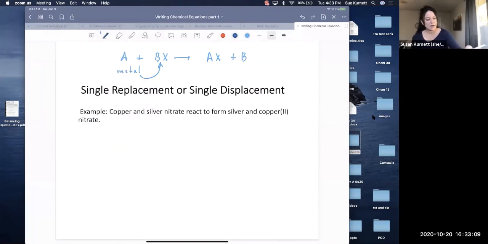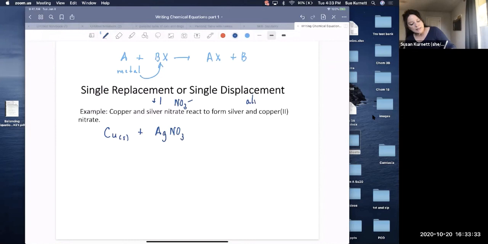Okay, so copper means elemental copper, copper the solid. And elements have an equal number of electrons and protons, and so there's no charge. Silver nitrate, silver as an ion is +1, nitrate is a -1. They come together in a 1-to-1 ratio. And single displacements are always redox, which means electrons are going to be transferred.